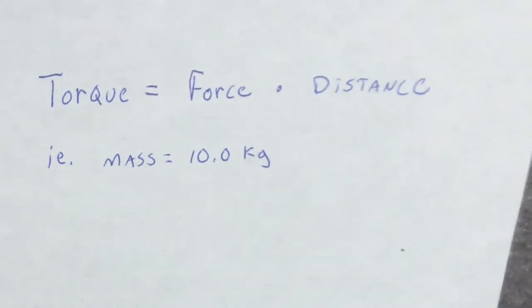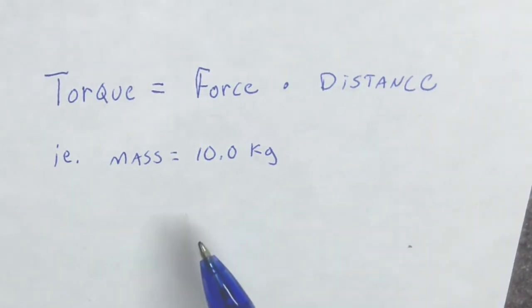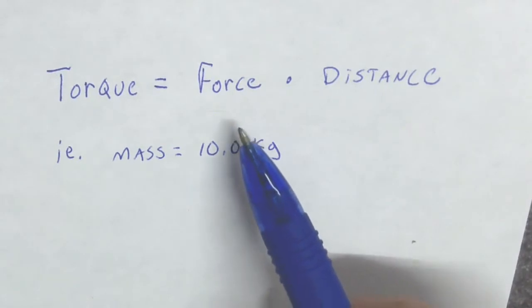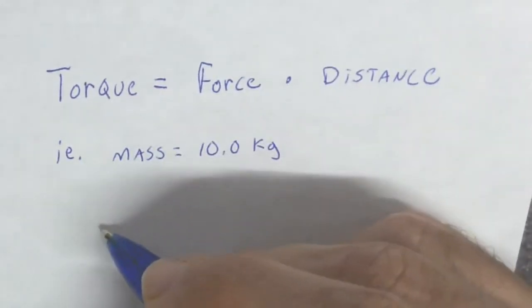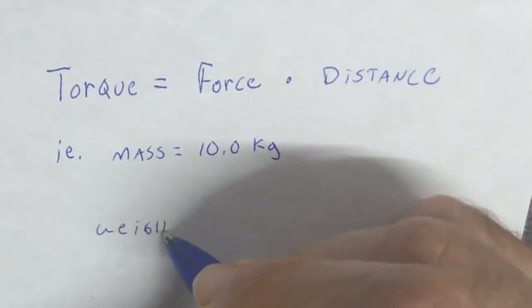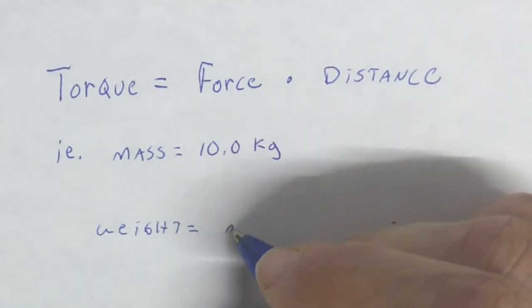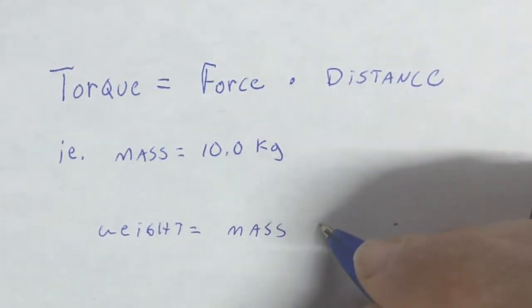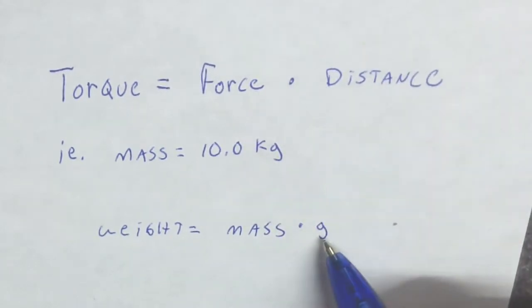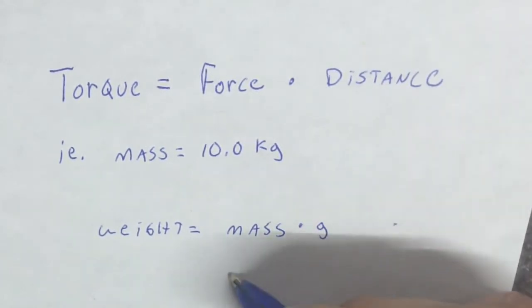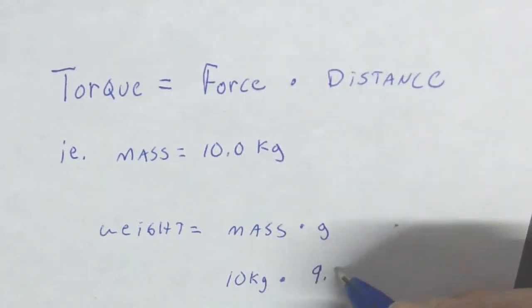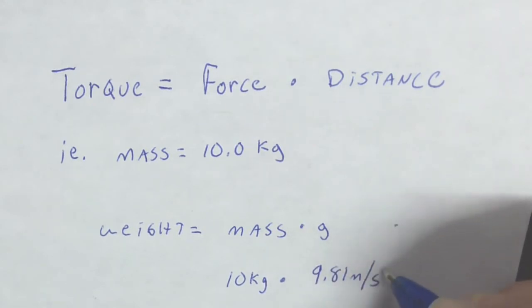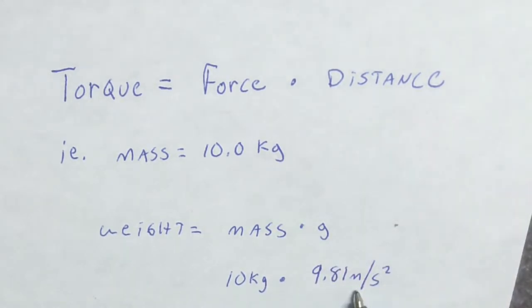We're going to need to use SI units, or standard international units, for all of this type of calculation. So force in this case would be the weight of the mass, and weight is equal to the mass times acceleration due to gravity, or little g. So we have a 10 kilogram mass times 9.81 meters per second squared, or acceleration due to gravity.